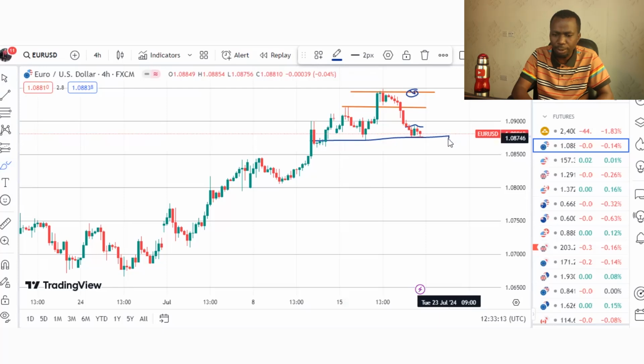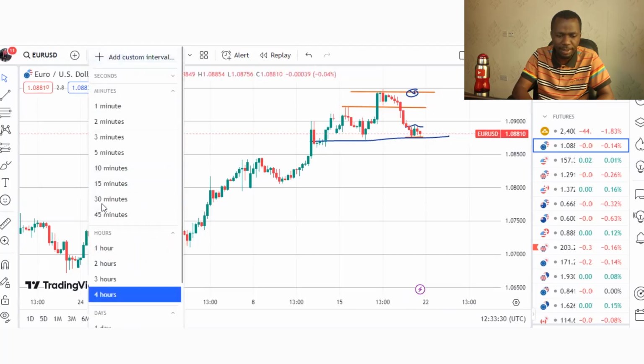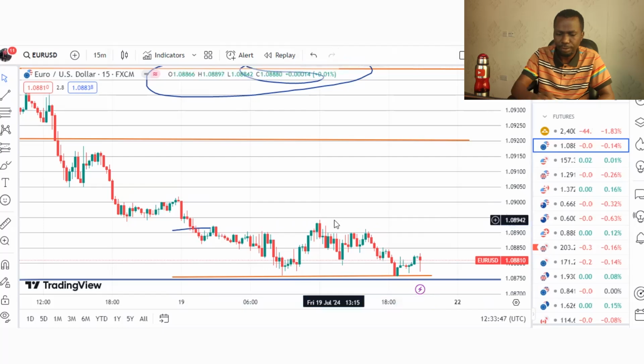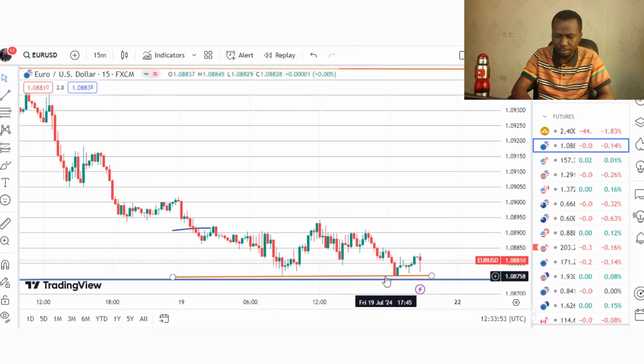So now if we go down to the lower time frame, okay, let me adjust this. If we go down to the lower time frame like the 15-minute time frame, we can clearly say that this level and this level are the key levels, right? So now we can remove this one, and then remove this one.